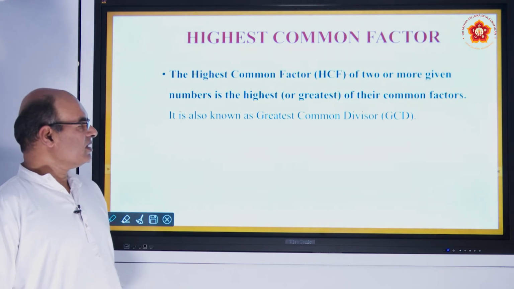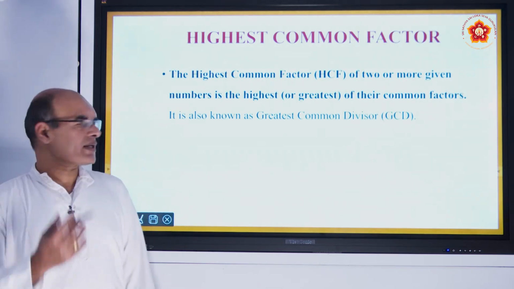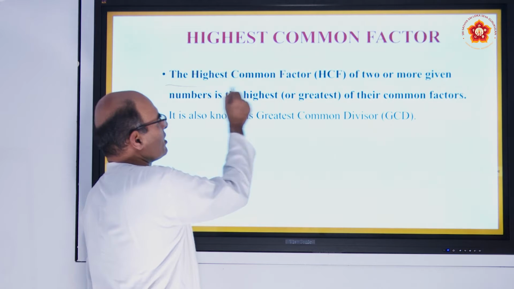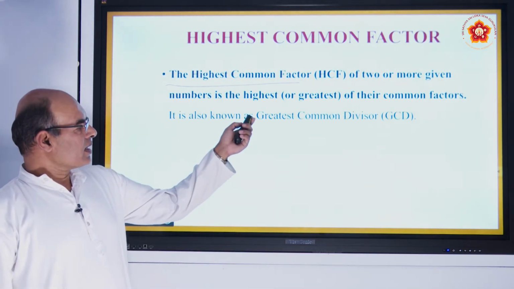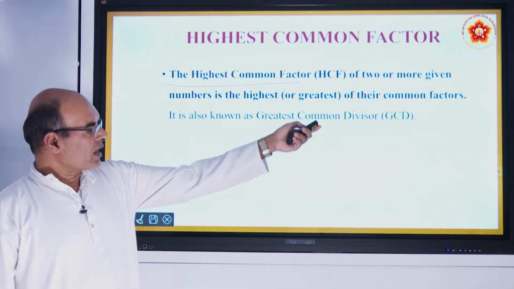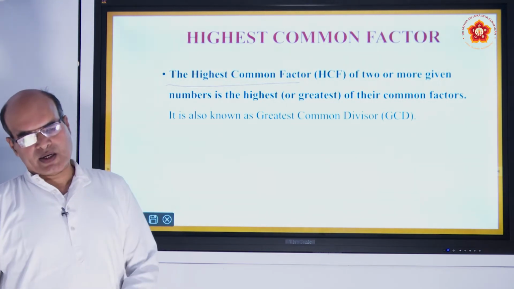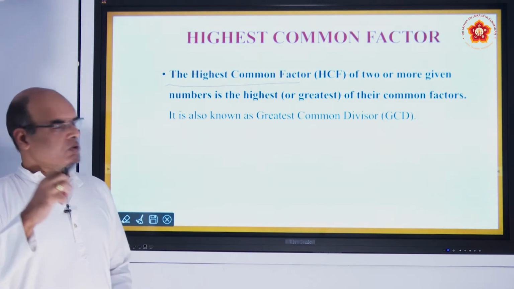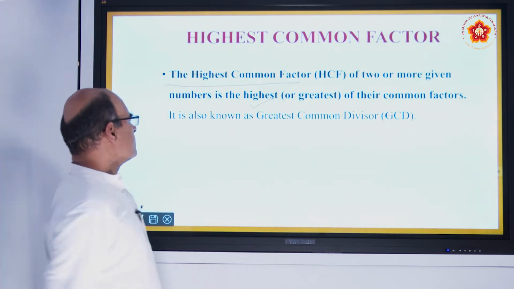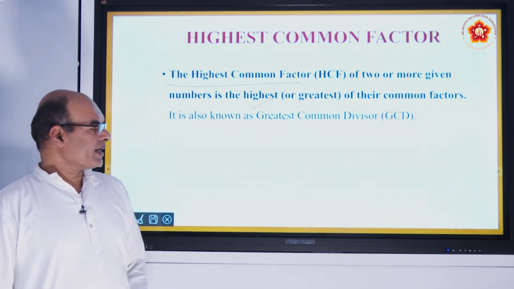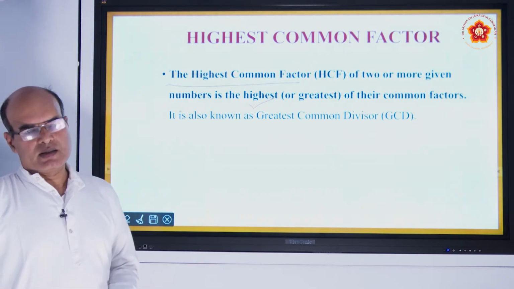It is also called GCD, greatest common divisor. The highest common factor of two or more given numbers is the highest of their common factors. Very simple. First, take the common factors, and among those, choose the highest one. In short form, you write GCD.